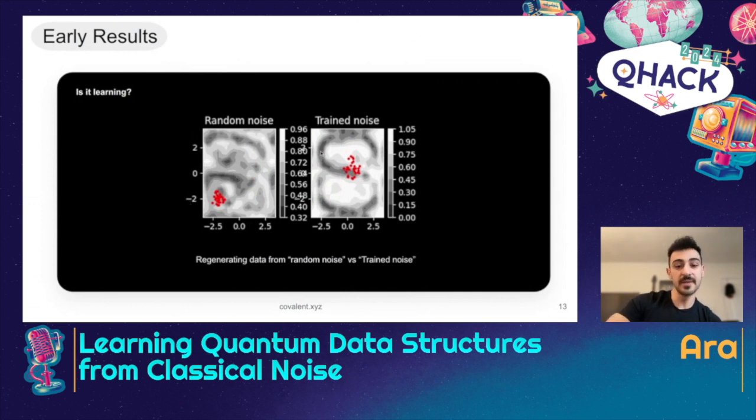Here we have two figures side by side. Overlaid on top of the grayscale in the back are these red data points, which are just data points from Gaussian noise. Gaussian noise is the easy data, right? On the left, I have Gaussian noise which I didn't use to train my model.